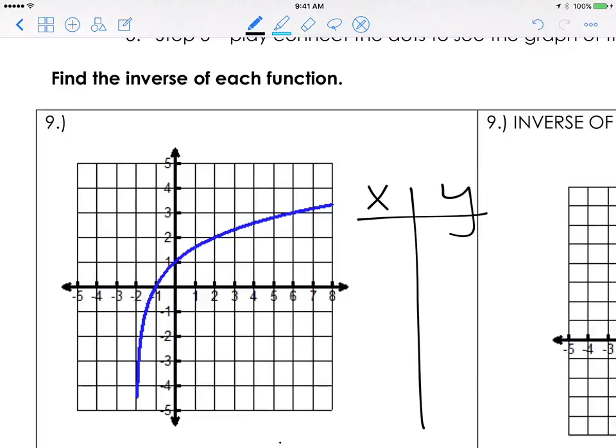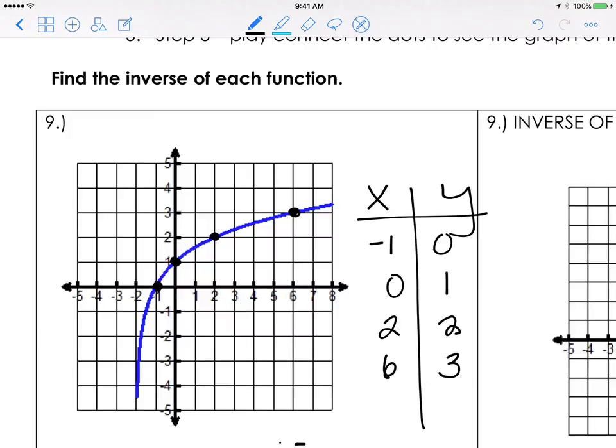So I see this point right here, which is (-1, 0). I see this point, which is (0, 1). This point, (2, 2). And see this one, (6, 3). And it would be nice if we could get somewhere at the bottom over here.